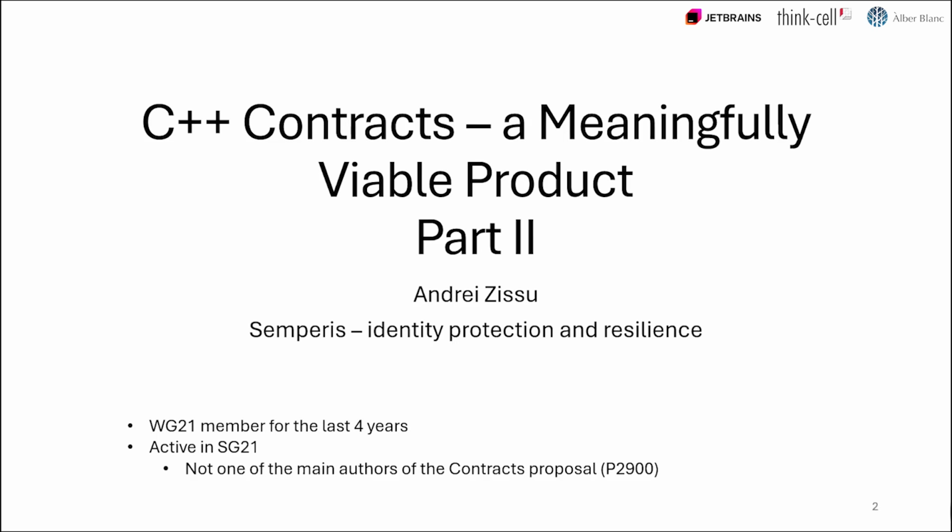The main, probably only thing being discussed in EWG since Kona, since November, was an objection raised by the Romanian national body, requiring a form of contracts that are guaranteed contracts that can only be evaluated with enforce or quick enforce semantics.